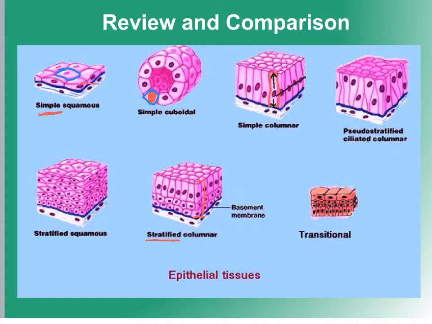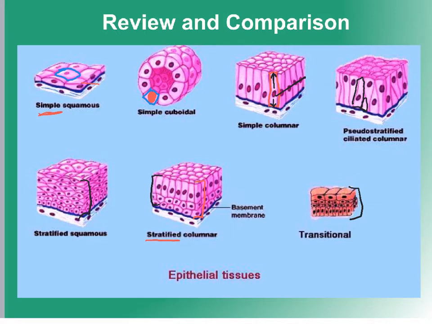There's stratified columnar, there's stratified squamous, and kind of the two oddballs, there's pseudostratified ciliated columnar, where the tissue appears as though it's stratified, but it's not, because each one of these cells is going to maintain a connection to the basement membrane. And then, of course, transitional, which doesn't fit any of the previous descriptors, and these cells can be mixed in their shape.